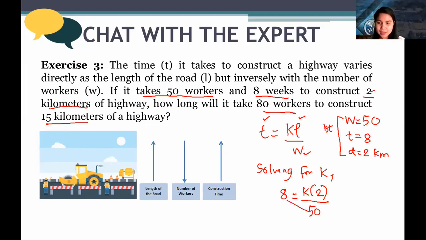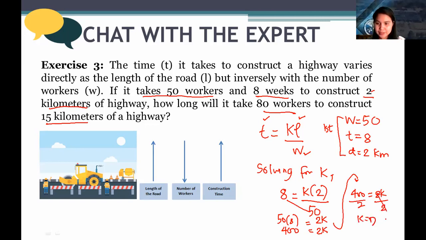Cross multiply 50 times 8. That's 400 equals 2K. Divide both by 2. So K equals 200.